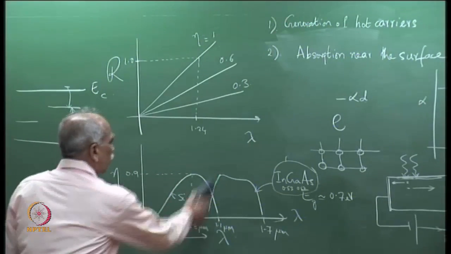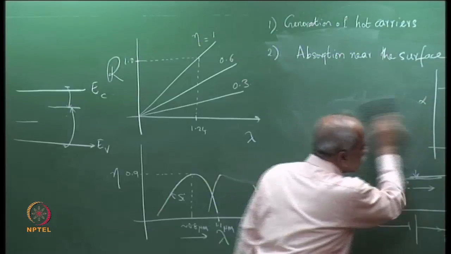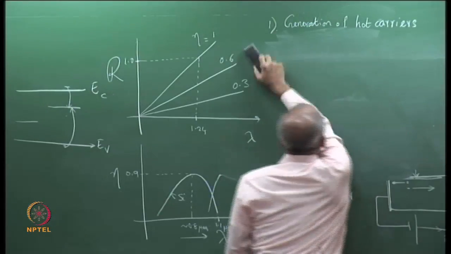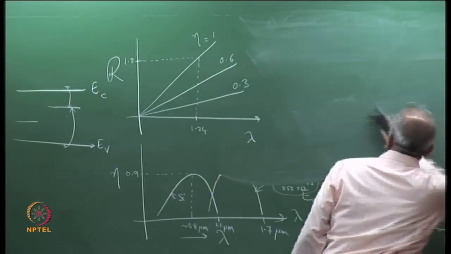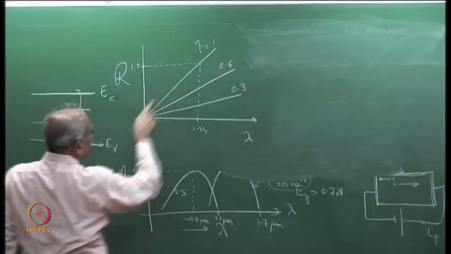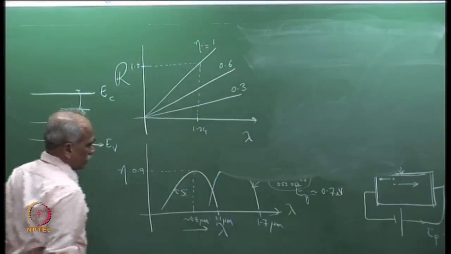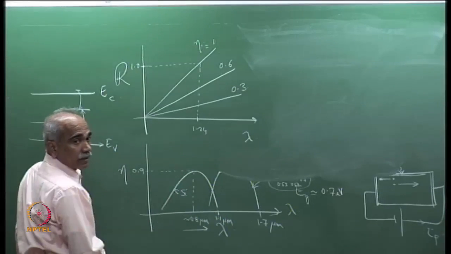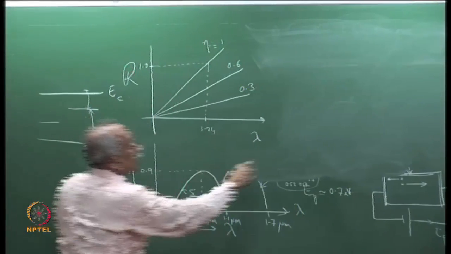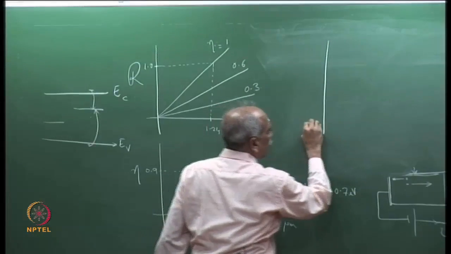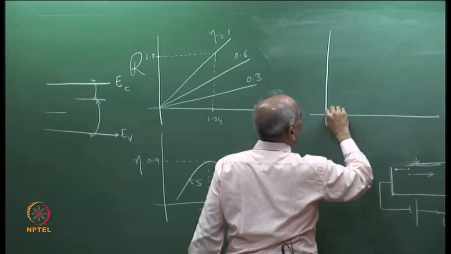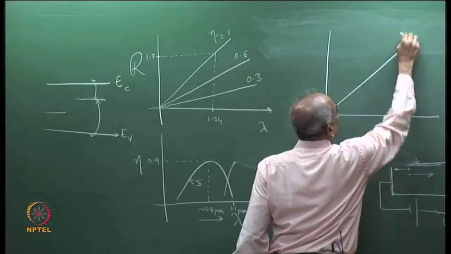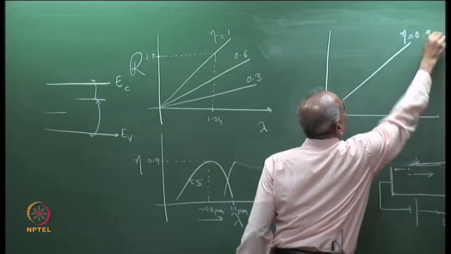And therefore, the final picture now, the responsivity. Let us very quickly come to the responsivity. If eta were 1, the responsivity would have varied like this, but eta is not 1, it varies like this. Let me show it separately, for a particular value of eta, let us say eta equal to 0.9.